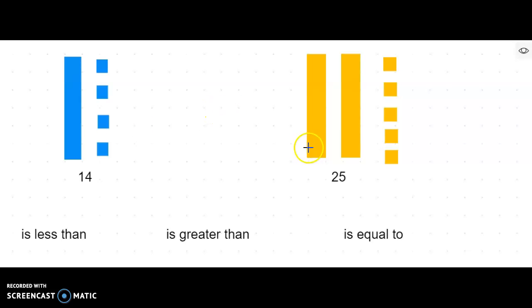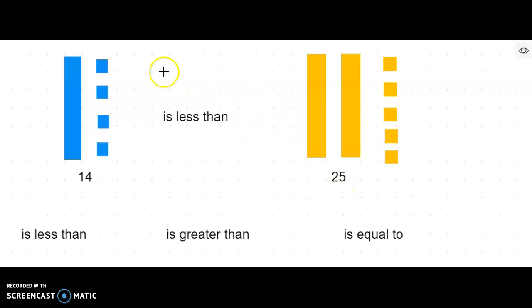I can also see that 25 has 2 tens, and 14 only has 1 ten, and 1 ten is definitely less than 2 tens. So I think you're right. I think that 14 is less than 25.